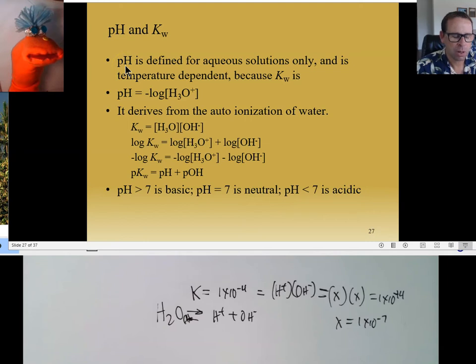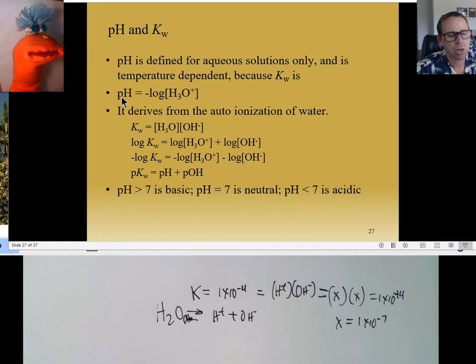Now, we've talked only briefly about pH in the past, but pH is a way to express the amount of hydrogen ion, H plus or H3O plus, in solution. It is a function that takes the negative log of the molar hydrogen ion concentration. The negative log of the concentration of hydrogen ion in molarity will equal the pH.